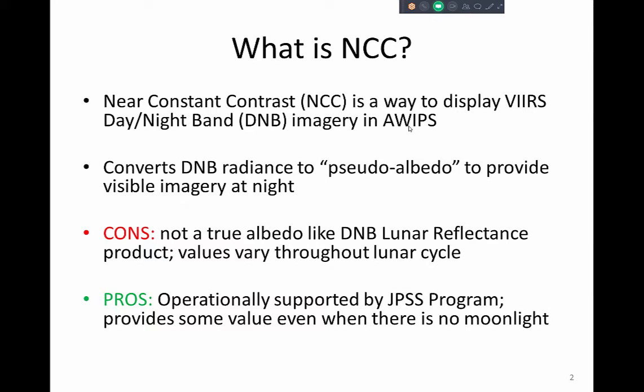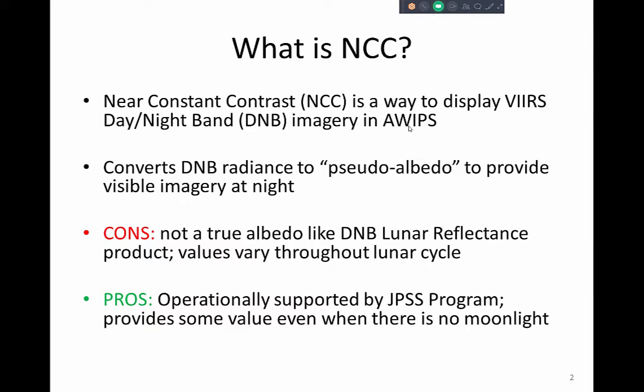And so the near constant contrast product converts the day-night band radiance into a pseudo albedo that provides nearly constant contrast for daytime, nighttime, near terminator scenes, and it works for all phases of the moon.